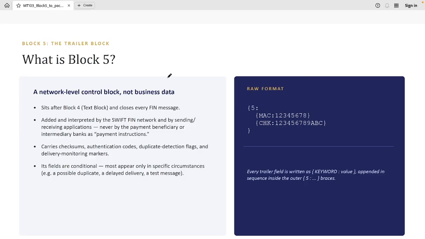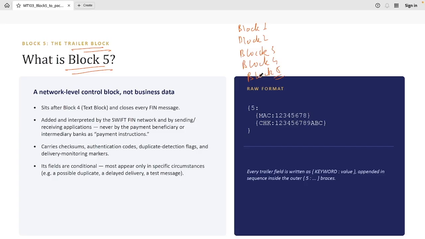Okay, now let's see the definition of block 5. What is block 5 basically? Block 5 is known as the trailer block, because it appears at the end of the FIN message. If you see the format of the MT103, you will see block 1 in the beginning, block 2 in the second position, then block 3, then block 4, and at the end you will have block 5.